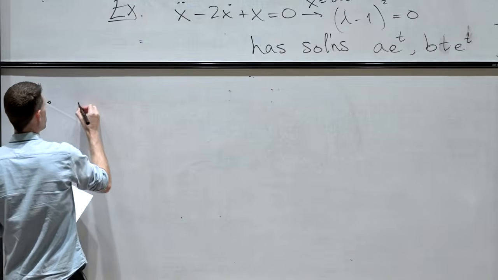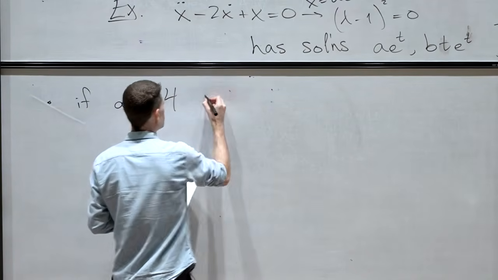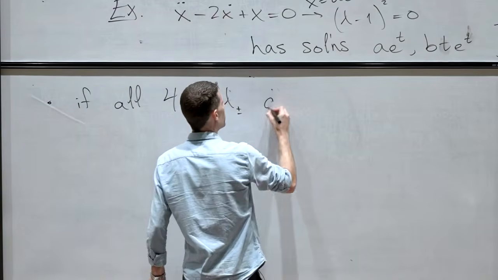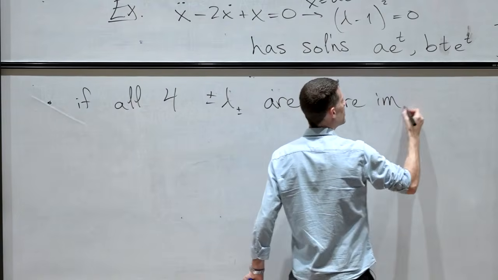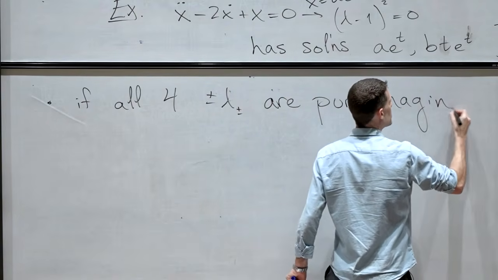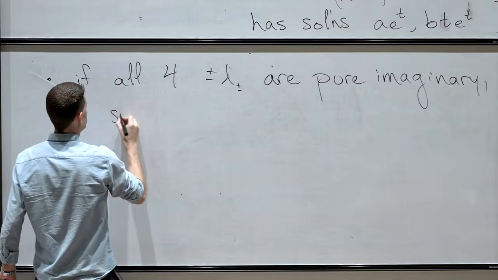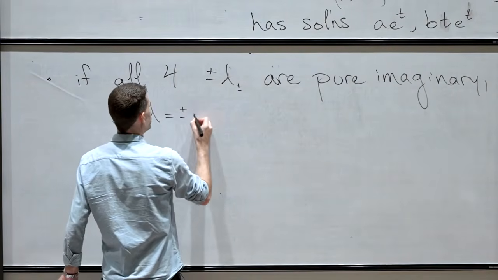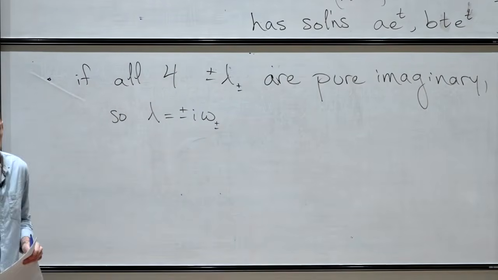Let's think about the case where all 4 lambdas are pure imaginary, so lambda is plus or minus i omega plus or minus.